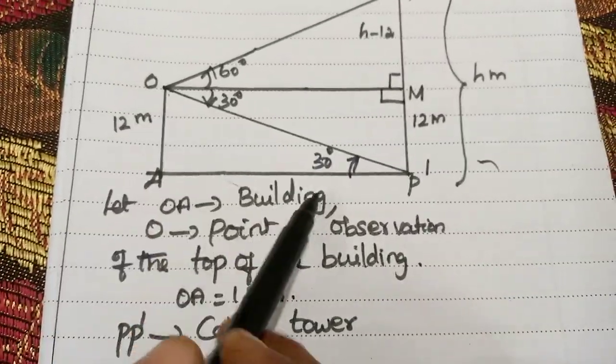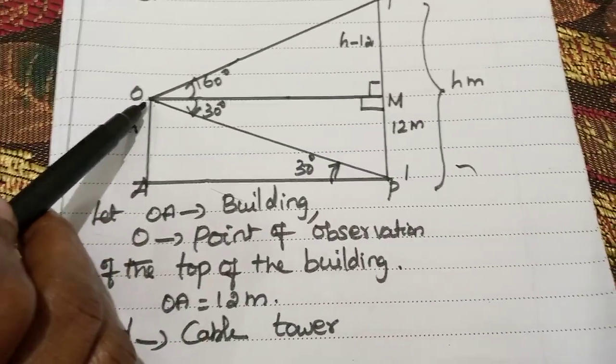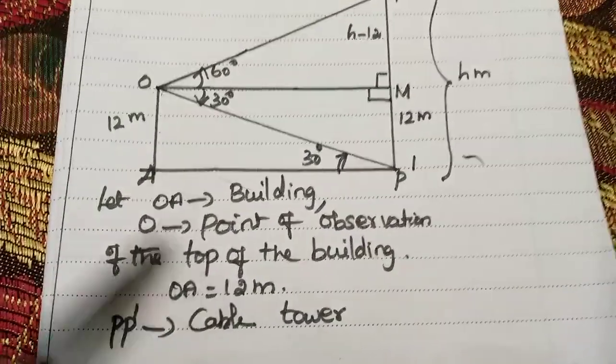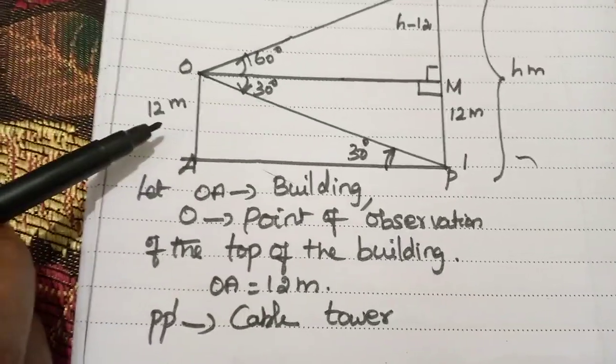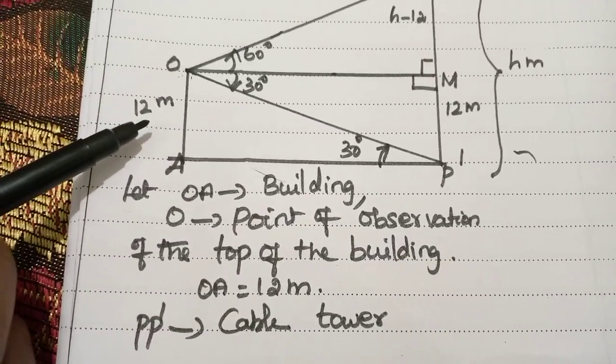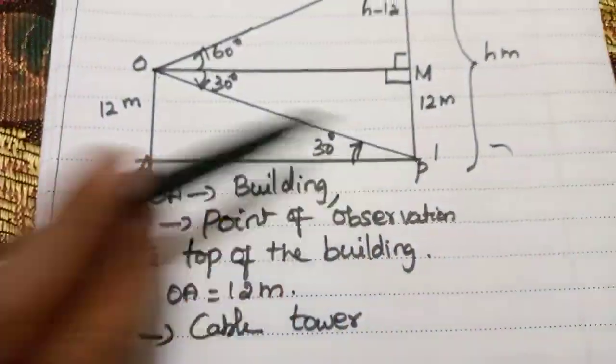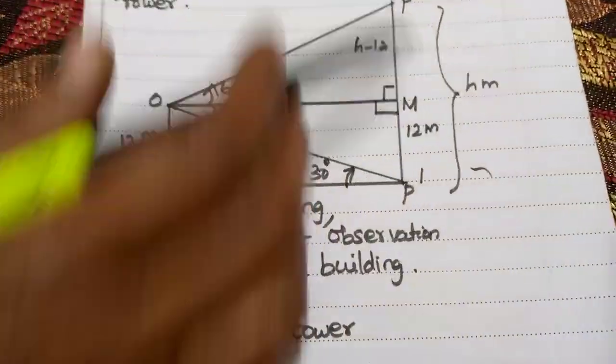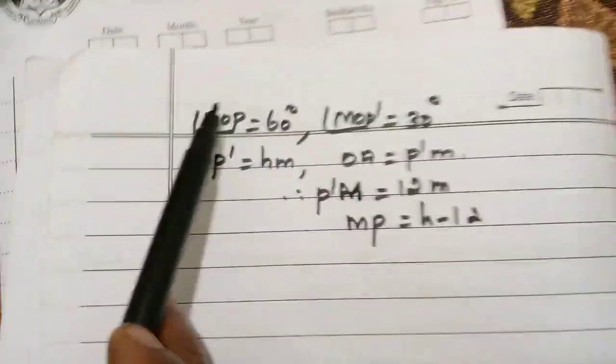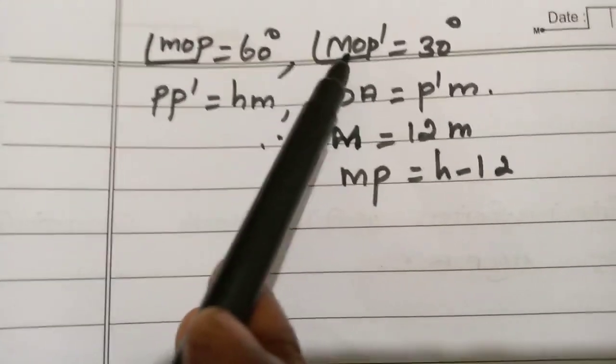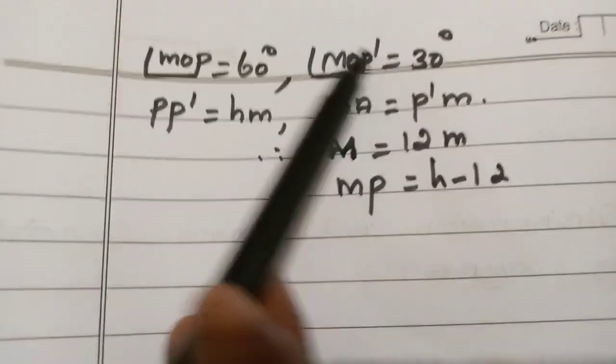OA is the building. Here O is the point of observation at the top of the building. OA is given as 12 meters. Here P dash is the cable tower. So here angle MOP equals 60 degrees and angle MOP dash equals 30 degrees.